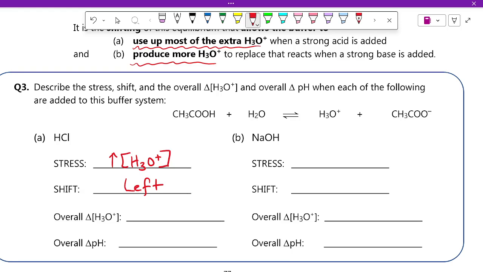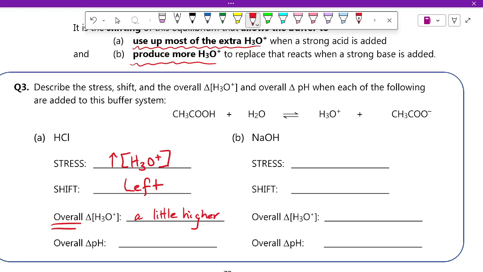And so what will be the overall change in the concentration of hydronium? It will be higher. Will it be a lot higher or a little bit higher? It'll be a little bit higher. Because remember, the stress brings it up, and then the shift brings it back down, not to quite where it got to.